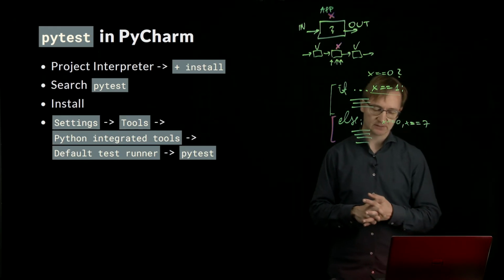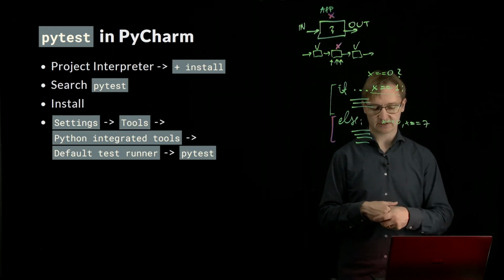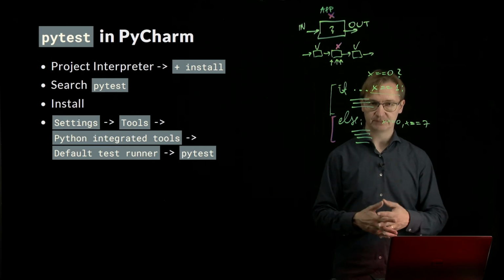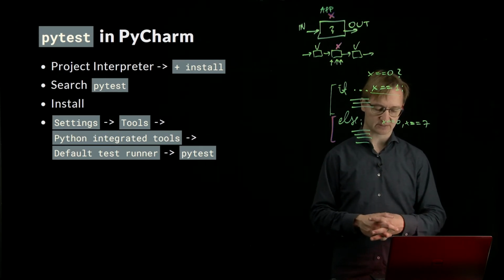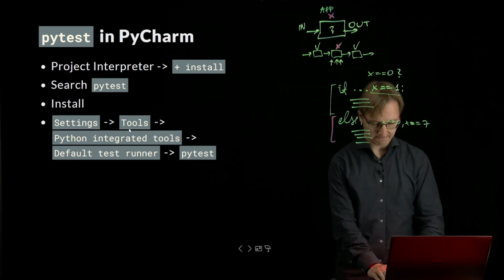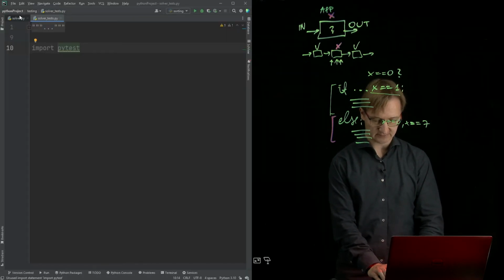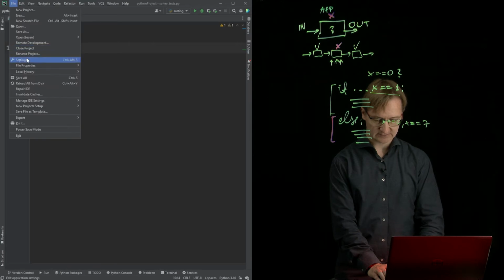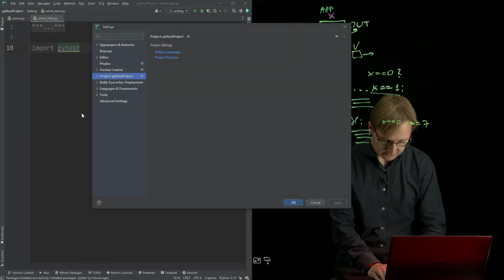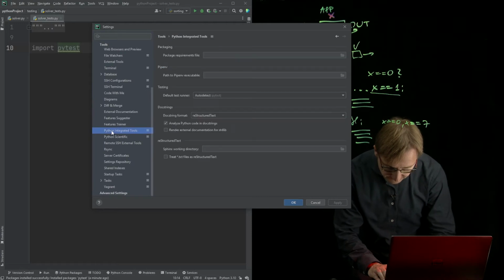Now, it can happen that by default, PyCharm uses the unit test library to test your code. Then we have to specify that we want to use PyTest instead. So I take Settings, Tools, and Python Integrated Tools. Let's find it out. So File, Settings, Tools. It was under Tools, Python Integrated Tools.